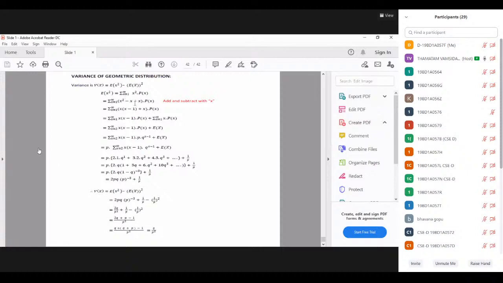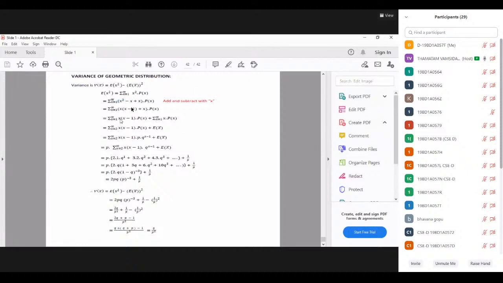Here x square is there. X square can be written as x square minus x plus x. We're adding and subtracting x.